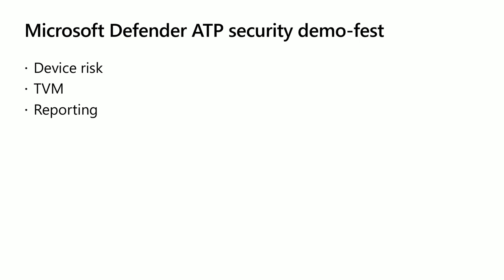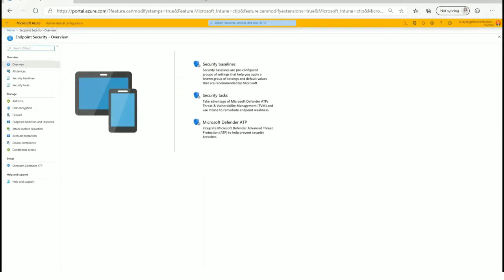Your security and IT teams talk to each other and say, if MDATP reports the threat level of the device to be above a certain level, then I want to block it. So we'll show you that with the device risk, and then we'll head into TVM and some of the reporting capabilities in this demo set.